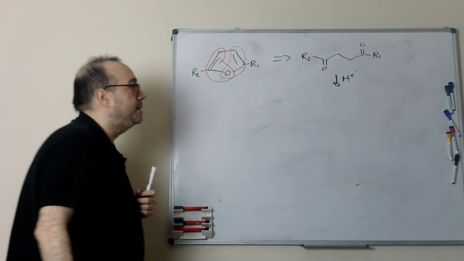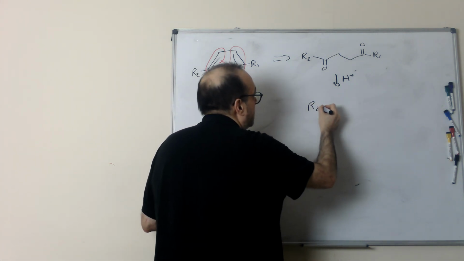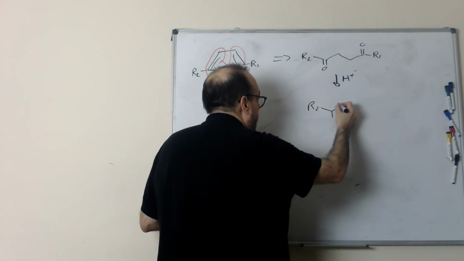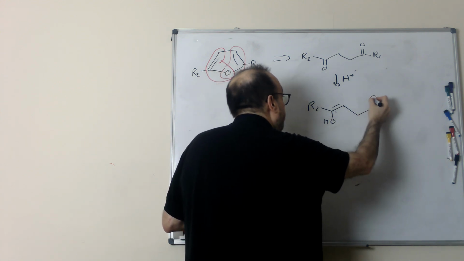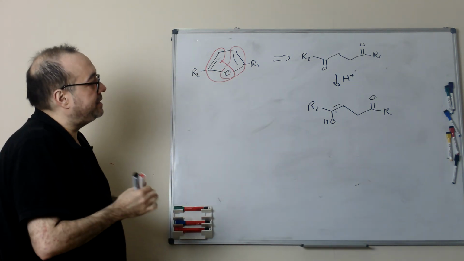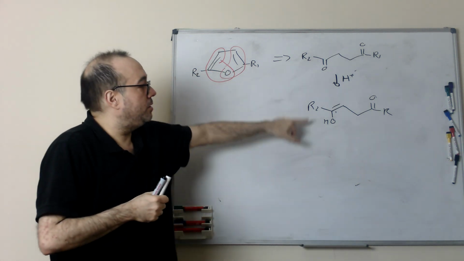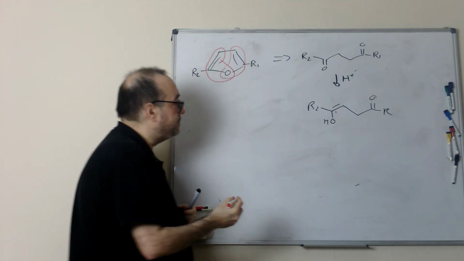First step, tautomerization. Remember that the tautomerization is catalyzed by acid. We have this tautomerization, ketone, enol.